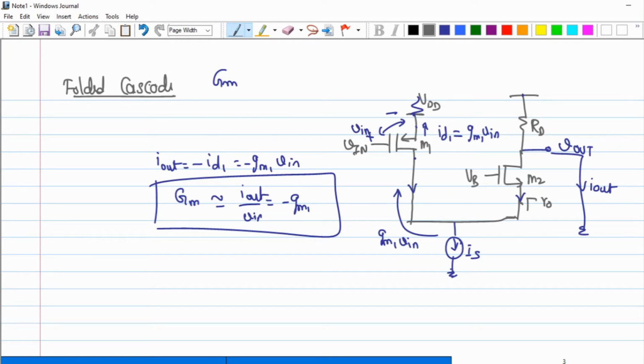Whatever the gate input is, the source has to follow it. So when I reduce the value of the gate input, the source node has to move in the same direction, in order to maintain the current. So now I can reduce the value of VB to small values.